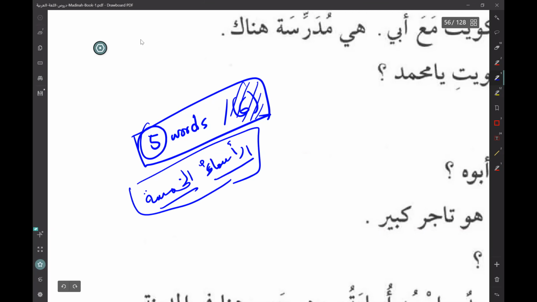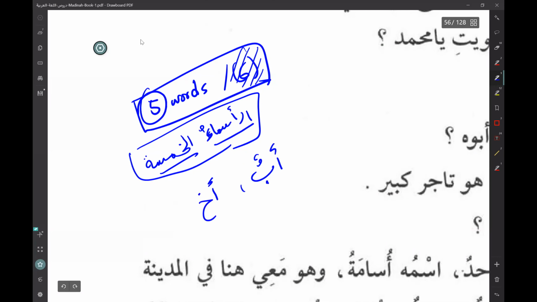There are only 5 words that have very special ruling, and 2 of them you guys already know. One of them is ab. Who knows another one? Akh. There are 3 others I'm not going to mention, but out of the entire Arabic language, yes, akhun. Out of all the words, only 5 are a little bit different. That's why they call it asmaul khamsa, the 5 words.